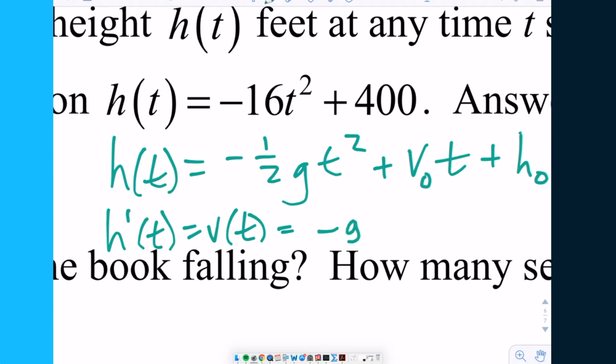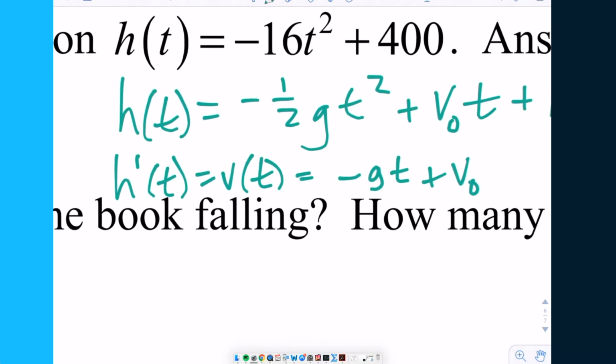Negative 1, so we have negative g t to the first, plus, what's the derivative of v sub o times t? That's a linear term, so any linear term becomes just the coefficient, v sub o, and h sub o is the constant. What's the derivative of any constant? 0. So here would be your instantaneous velocity function from physics that you have to memorize.